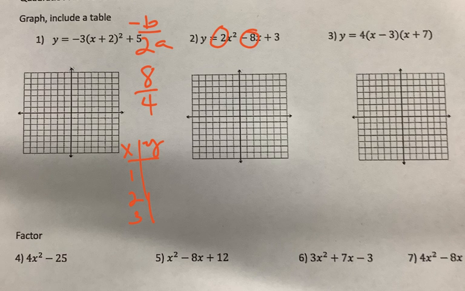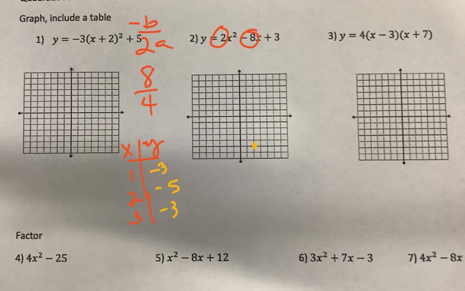And so if I plug in these numbers for x, so if I plug in 1 for x, I'm going to get -3, I believe. And then 3 gives you -3. And if I plug in 2, I'm going to get -5. So 2, -5. So 1, 2, 3.